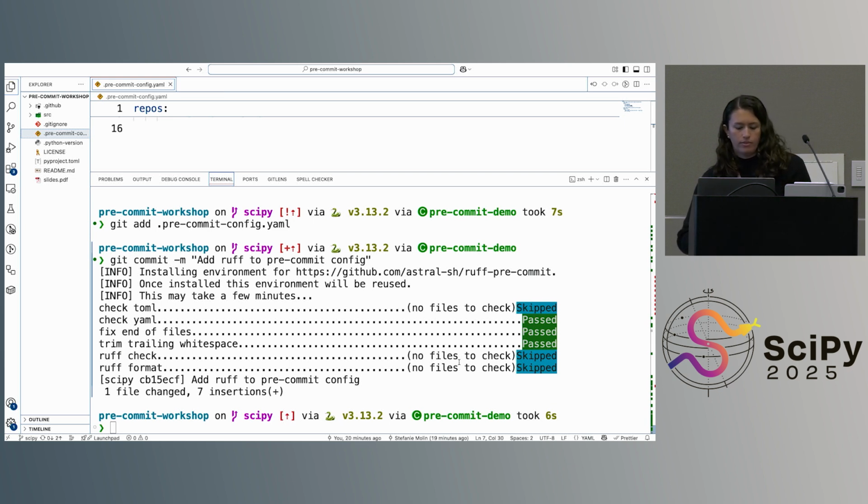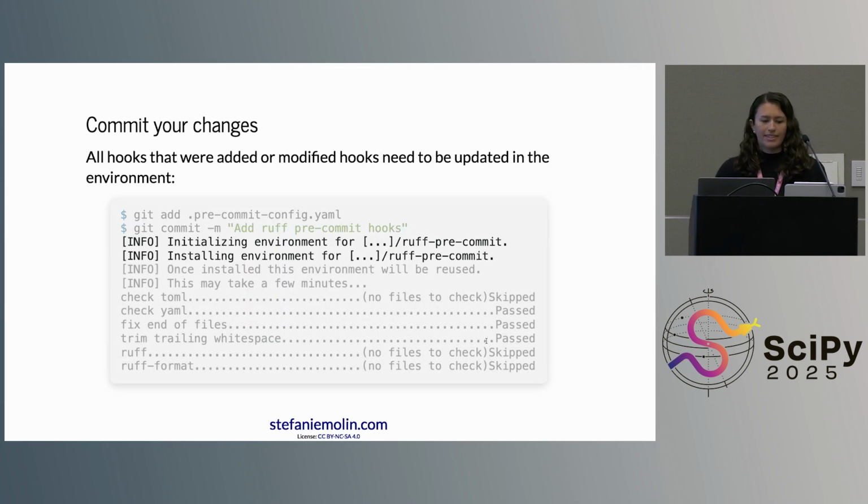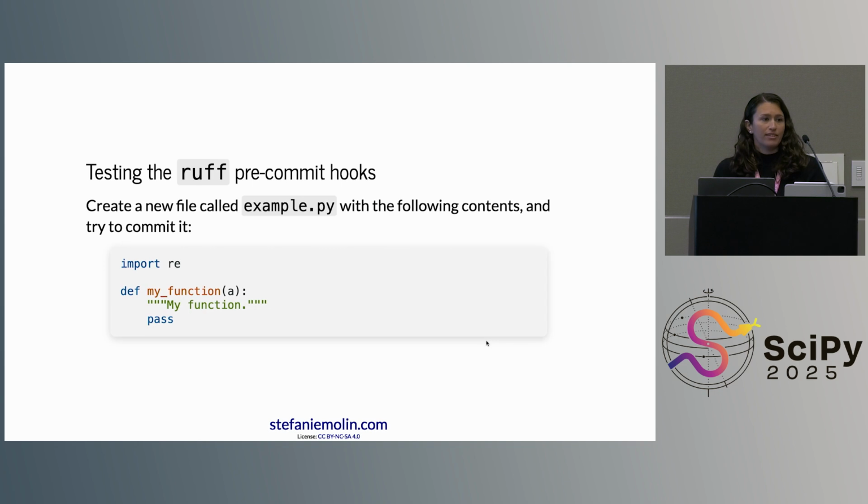Okay, so now we've committed, we talked about this already. Now, as a sanity check, we saw ruff didn't run, so we want to make sure that it actually is doing what we expect it to do. So we're going to create a file that has issues that ruff will find, and then we're going to have it fixed.